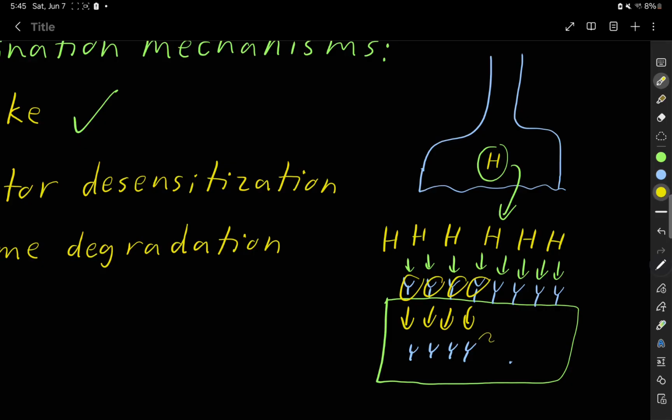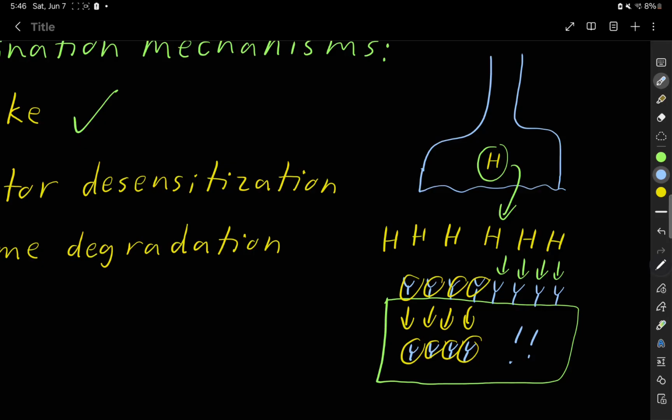They're no longer on the cell membrane. So now if you look at the available receptors that histamine has to bind onto, you only have 4 receptors instead of your 8 that you had before. So as a result, with fewer receptors for histamine to bind onto, less response will be produced inside the cell.